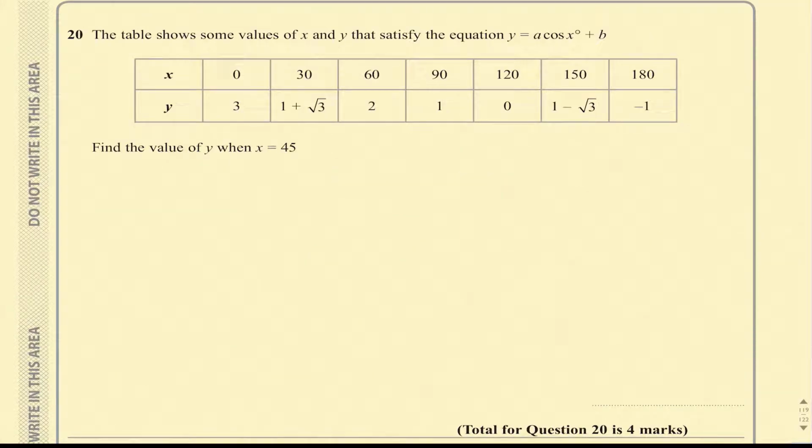Right, question 20. From this table given to us, we need to find A and B. The best way to find A and B might be to plot a graph and then find the gradient and intercept on the y-axis.